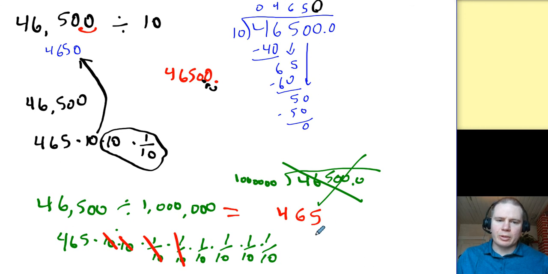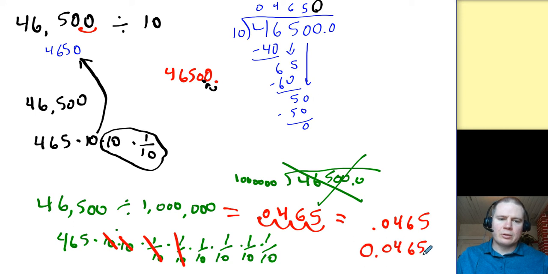So I divide by 10 once, twice, 3 times, 4 times. And I put a 0 there as a placeholder. So my final answer, 0.0465.